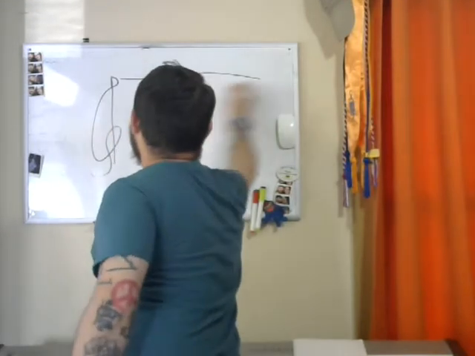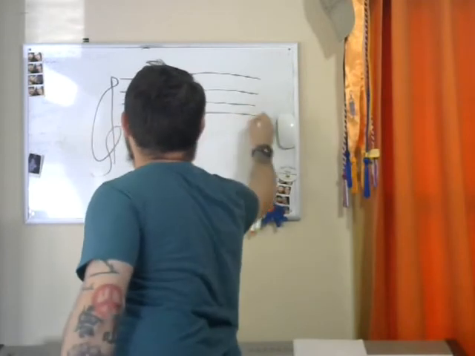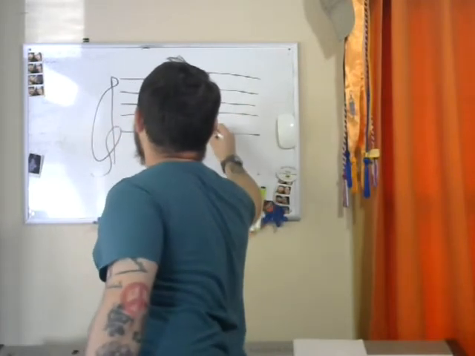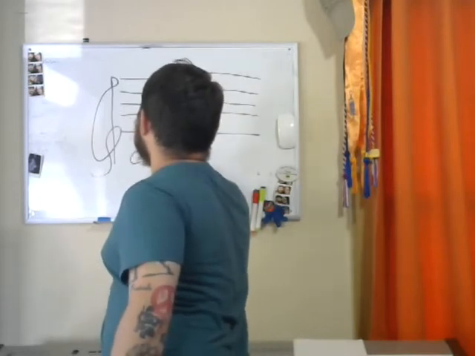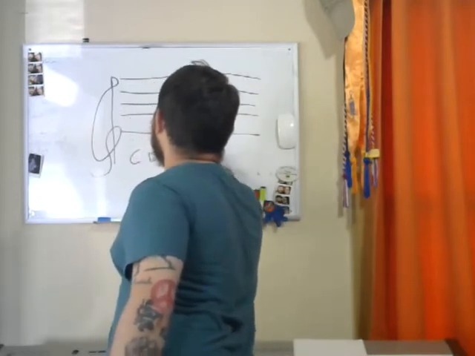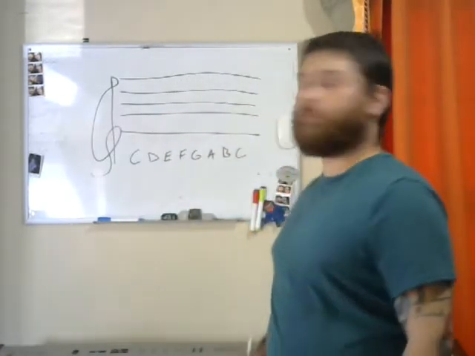Draw our treble clef and our lines. C, D, E, F, G, A, B, C. C major.